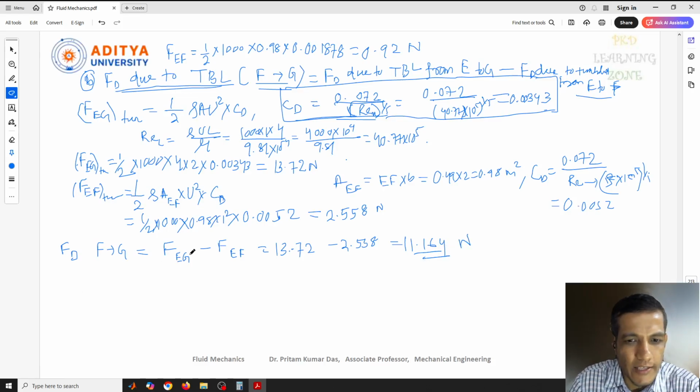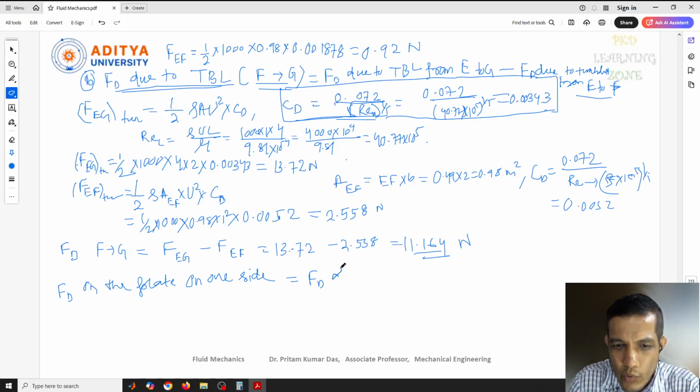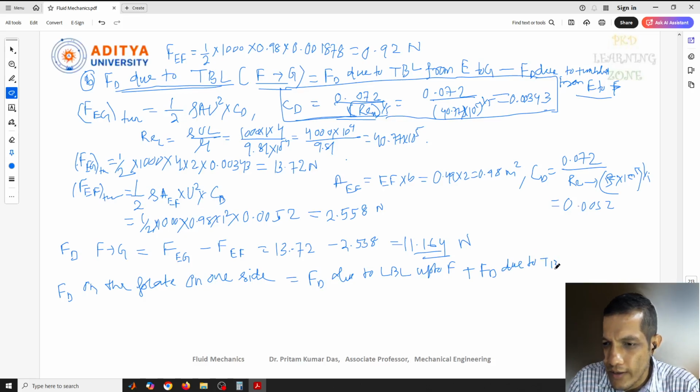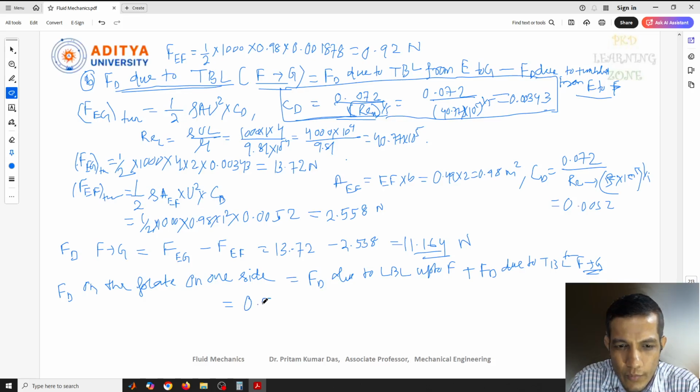And finally this is FD on the plate, we can write on one side, so that is nothing but we can write again FD due to laminar boundary layer up to F plus the FD due to turbulent boundary layer from F to G. So that is nothing but what we got previously, the same thing we need to write here, 0.92.